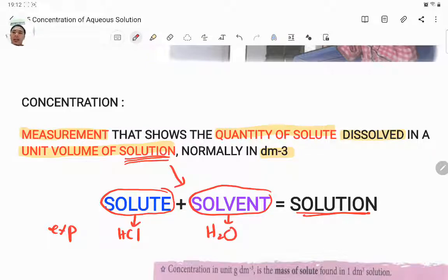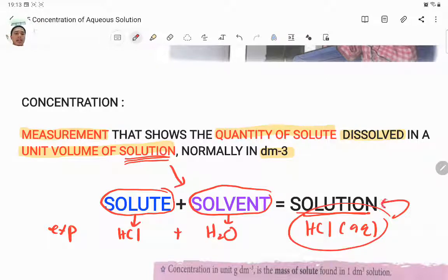If it is an organic solvent, what happens to the hydrogen chloride? It cannot be ionized, so it cannot produce hydrogen ion, kan. So the combination of HCl and H2O produced hydrochloric acid in aqueous state. So this is what we call a solution. So that is the example.